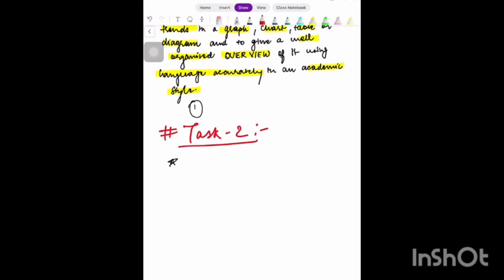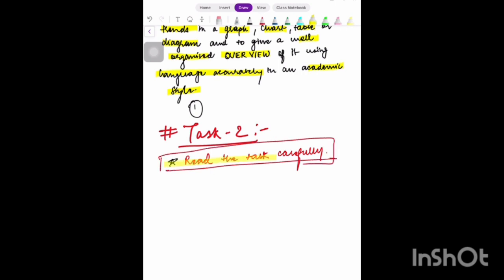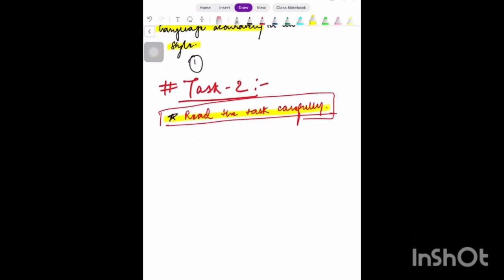Again let me highlight this, it's very important to read the task carefully. This is the most important line and it can't be highlighted more. So read the task carefully and provide a full and relevant response. So the response should be full. You should not miss out on the sub parts of the question, and it should be a relevant answer.